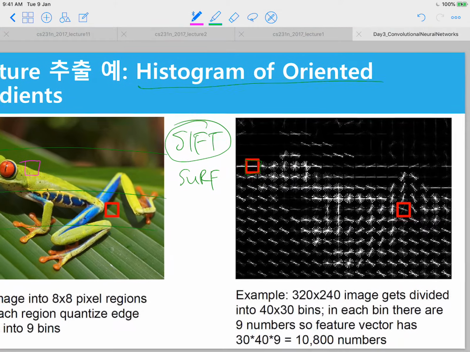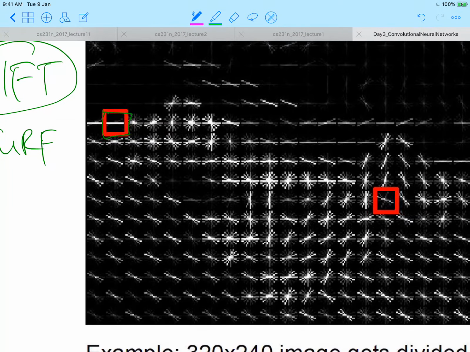In this case, it is a little bit more complicated than I just explained, because in a single patch, can we just compute the gradient at a center point? We can actually think of different positions and their gradients.